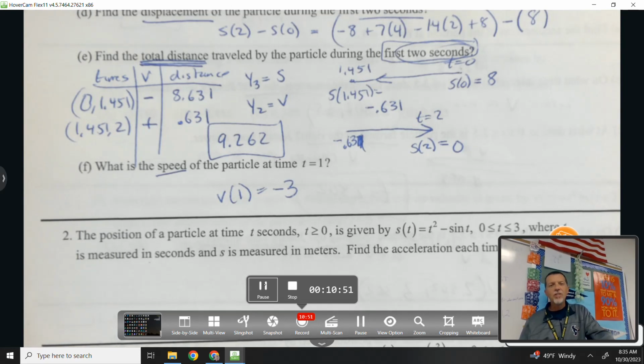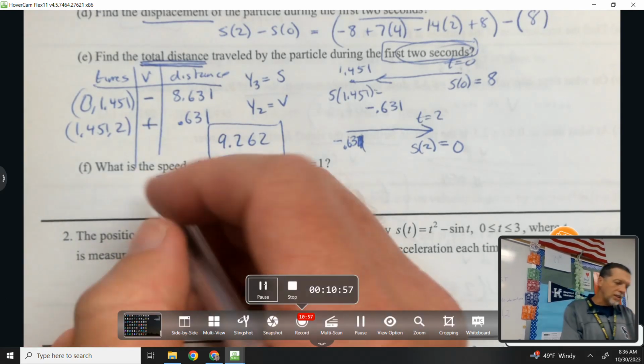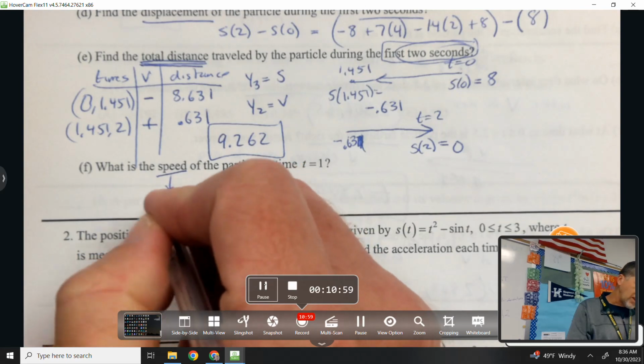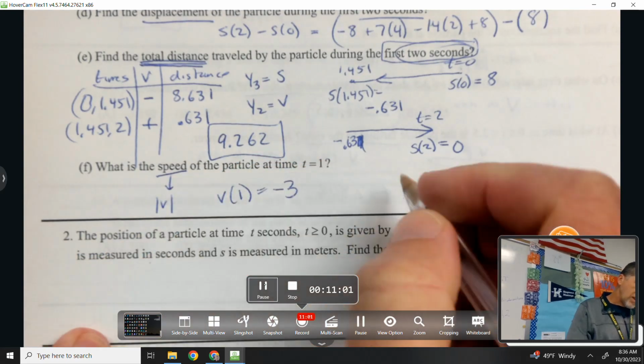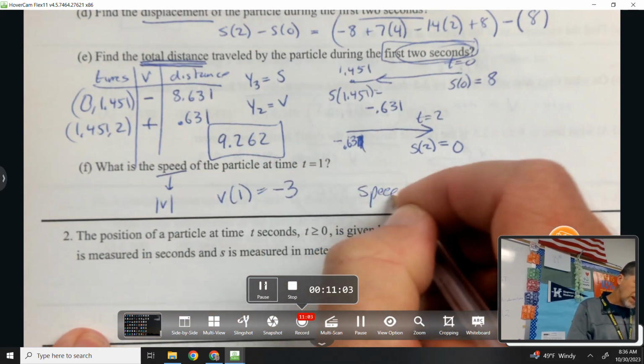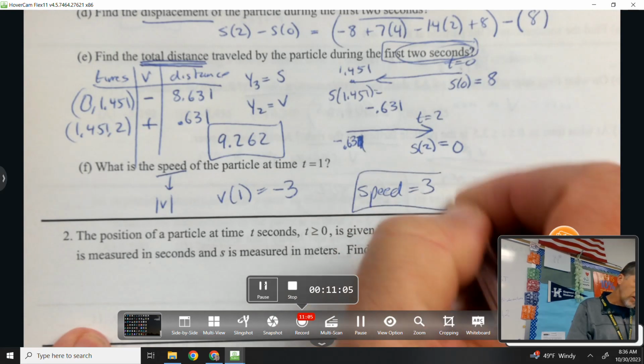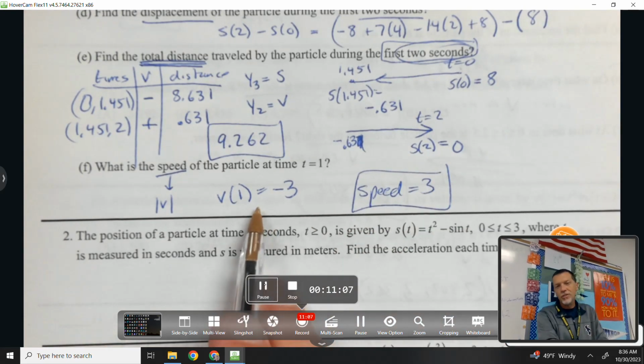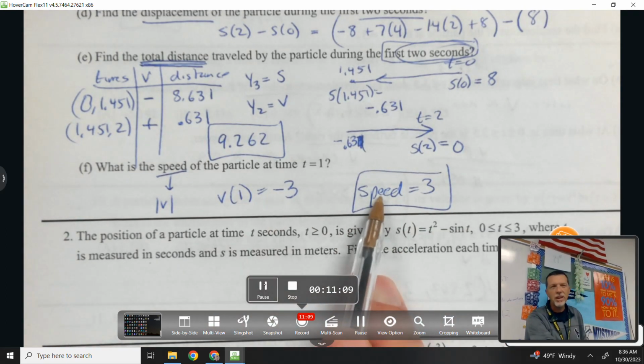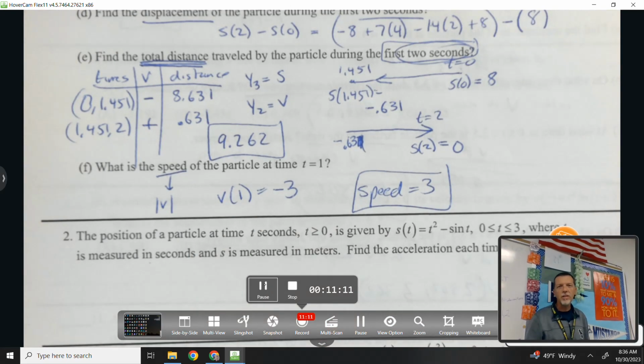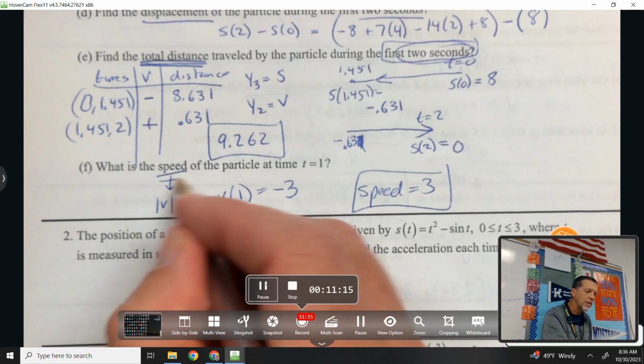What's the speed of the particle at time 1? +3, because speed is absolute value of velocity. So speed is equal to 3. So it's not a wrong statement, it's just not the answer to the question. The speed is 3 because it's the absolute value. So that should be an easy one, but that's one to get tricked on.